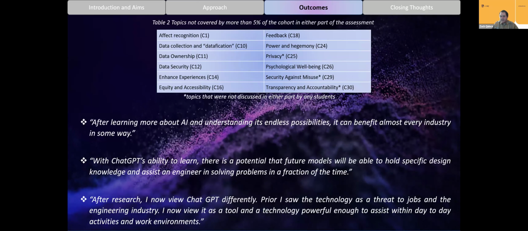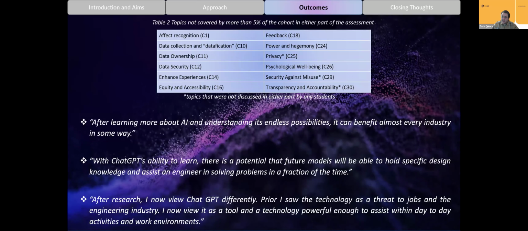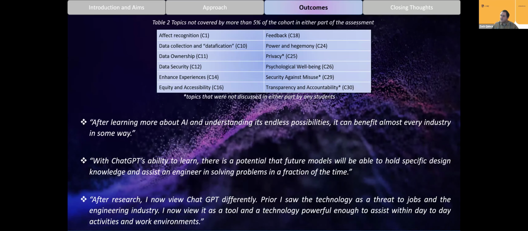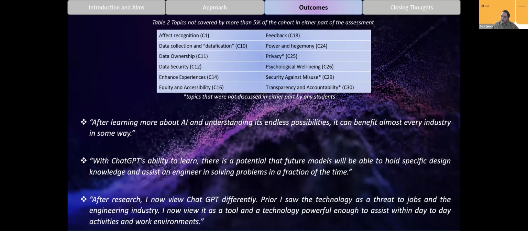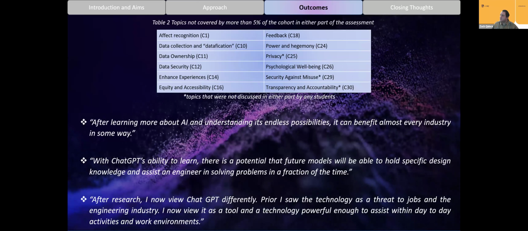The other thing that was a really good outcome of this study was that once students did their research, they were no longer looking at ChatGPT or GenAI as the solution.